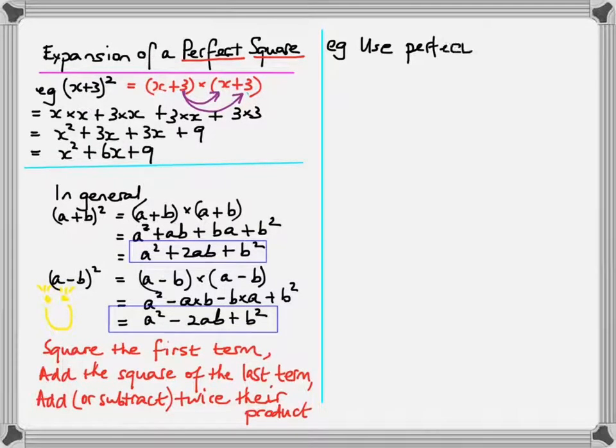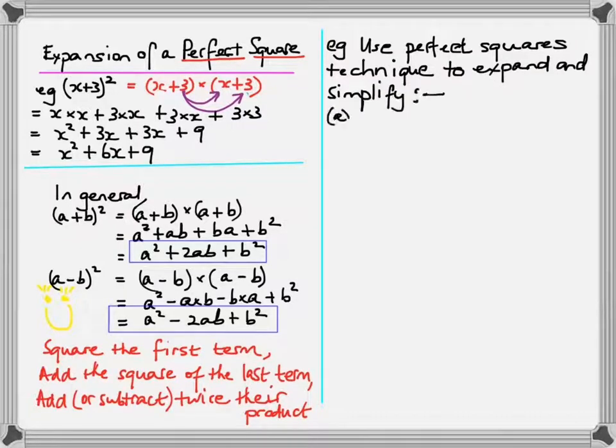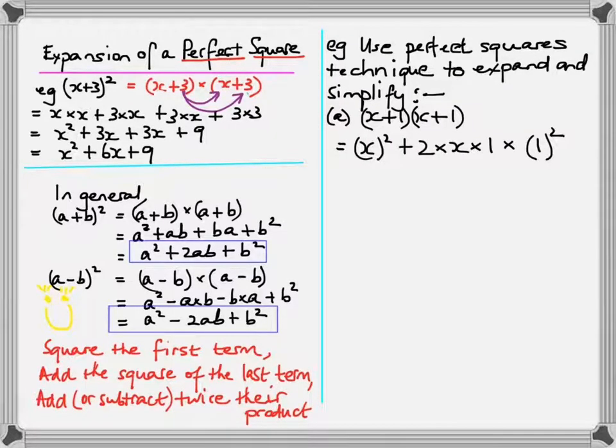Here we go. Use the perfect squares technique to expand and simplify the following. Here's number A. We've got x plus 1 squared, or x plus 1 times x plus 1. Well, we'll just see what that brings us. We're going to use our formula. And look, we've used it. It's the first term squared plus 2 times the first term times the second term, and then plus 1 all squared.